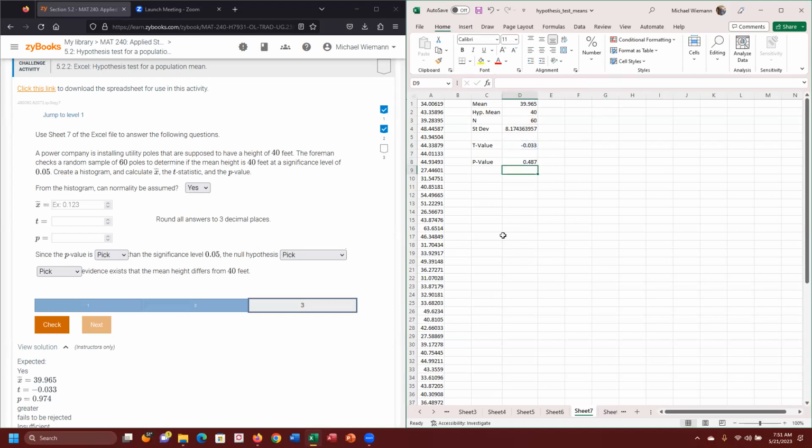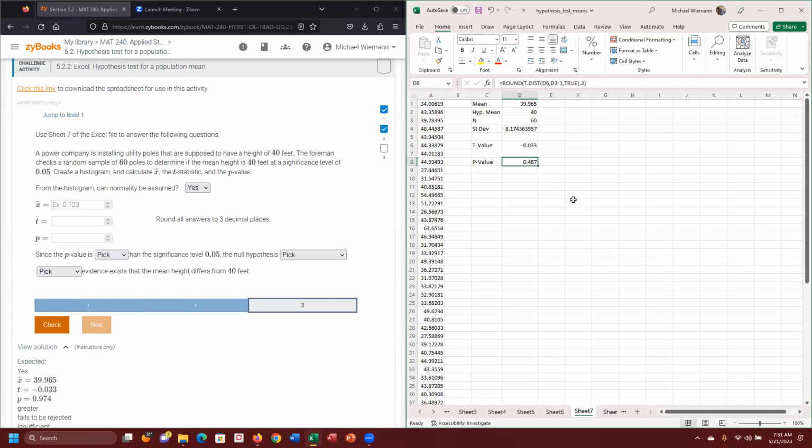Now, we do have one minor thing here for this particular problem. It tells us it's supposed to be 40 feet. However, for this particular problem, they're testing an equals, not equals relationship. The previous problems that we did were based upon a one-tailed test.